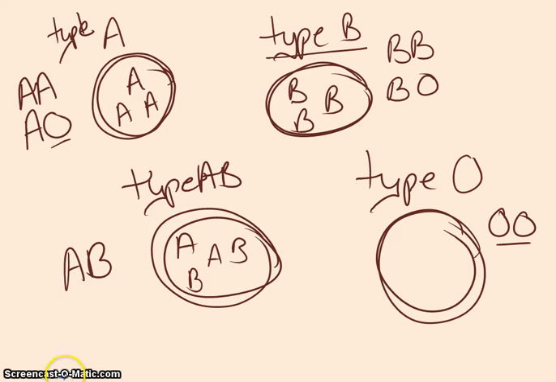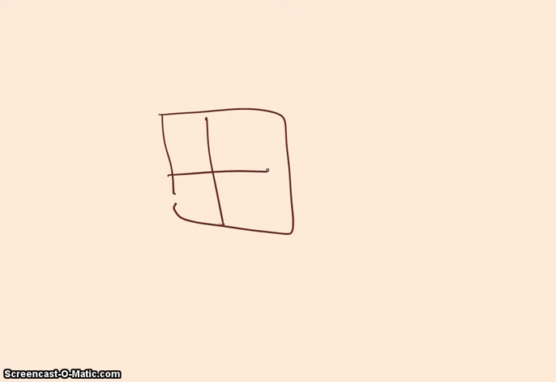In terms of inheritance, it works the exact same way with our Punnett squares. We could do a Punnett square crossing a type A individual, someone who's heterozygous A, so AO, with someone who's type B and homozygous, so BB.